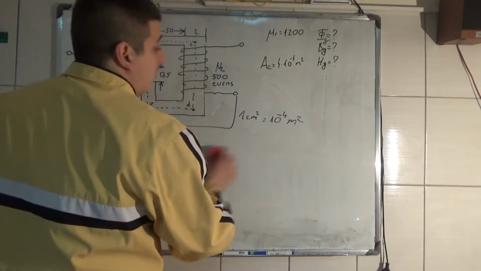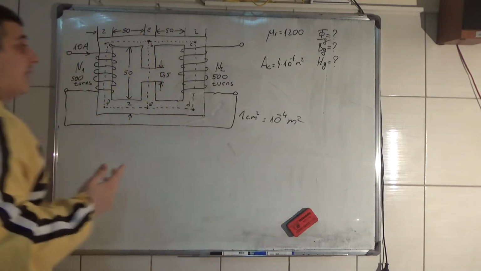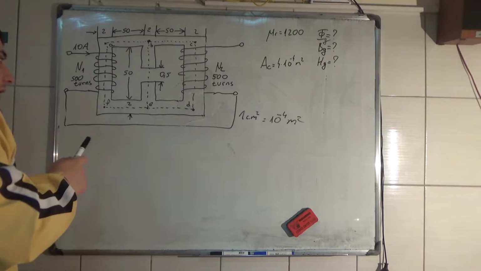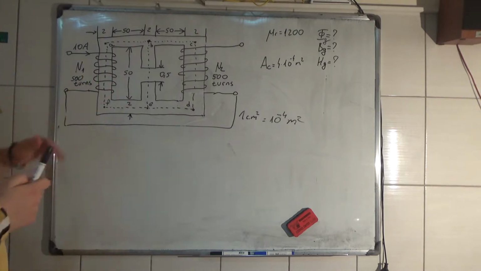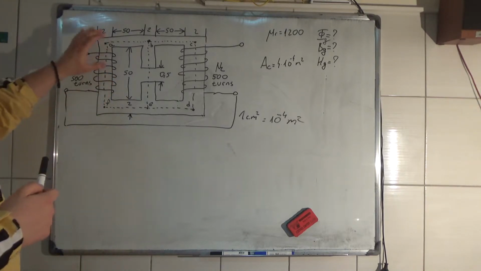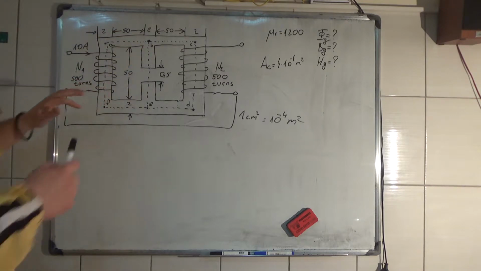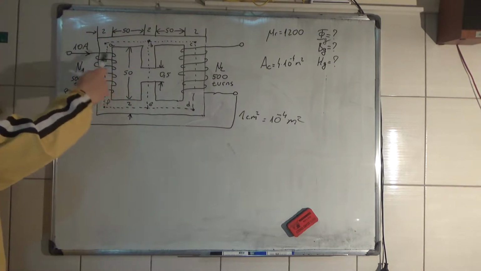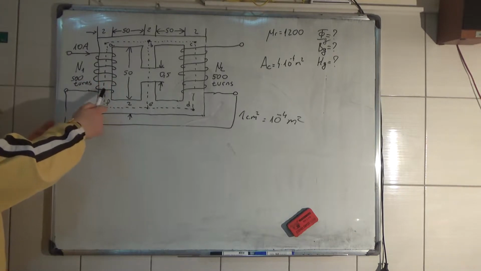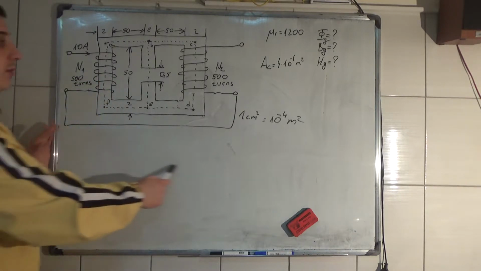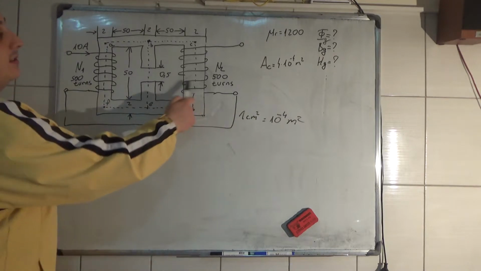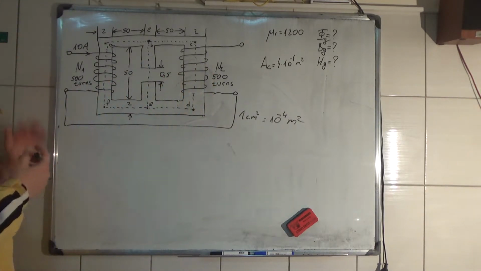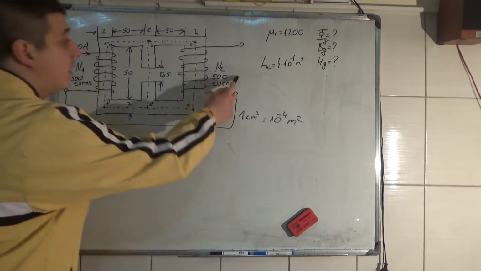Now, here we have a magnetic circuit, and here is how the coils are wound around this core. So here you have 10 amperes going like this, and it continues to this second coil, which has the same number of turns here and here.